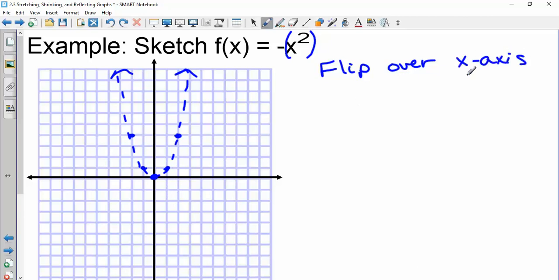Out in front changes y. So if I make my y negative, that flips it over the x. Okay, so if I flip this one, it doesn't go anywhere. But here, 1, 1, if I make my y negative, it comes down. 2, 4, if I make my y negative, it comes down. So if you flip all those points down, you just get this upside down parabola.